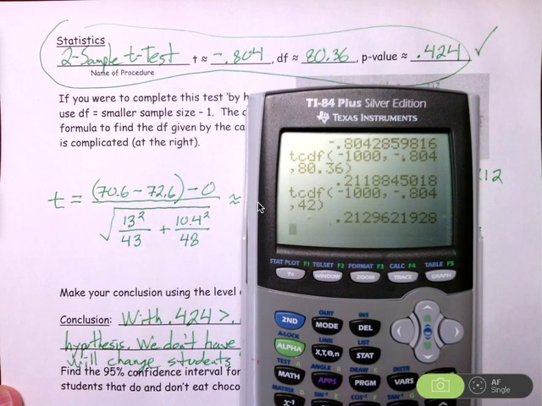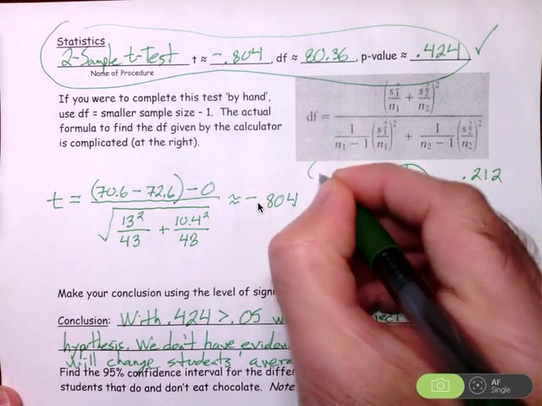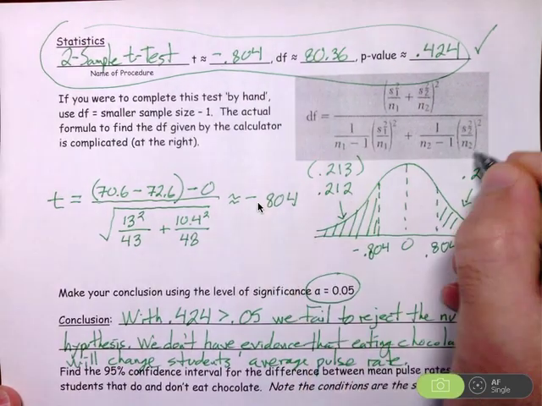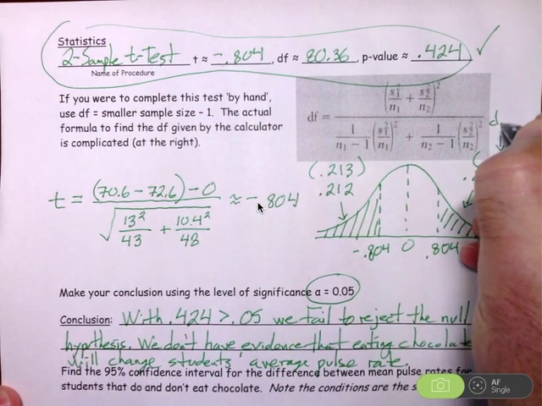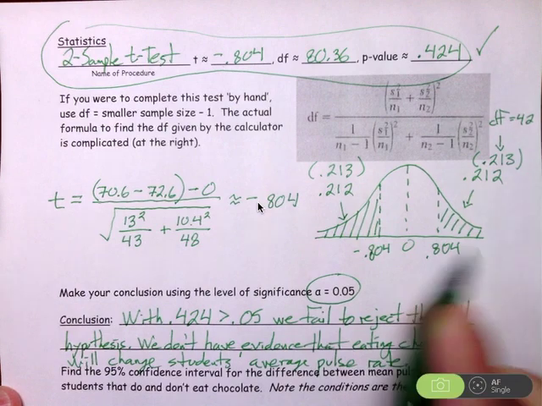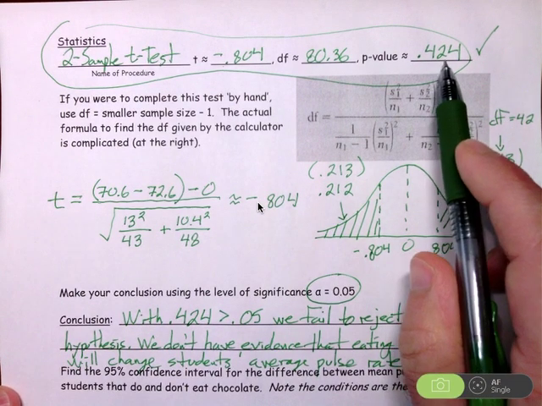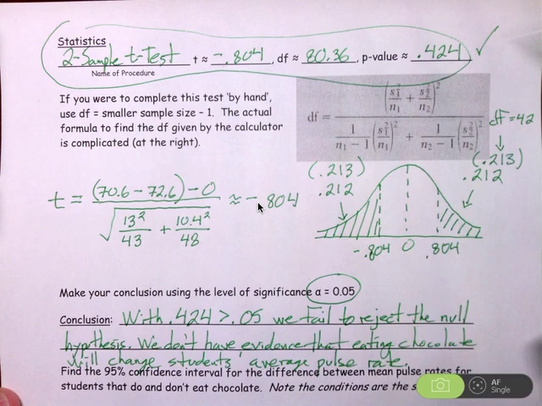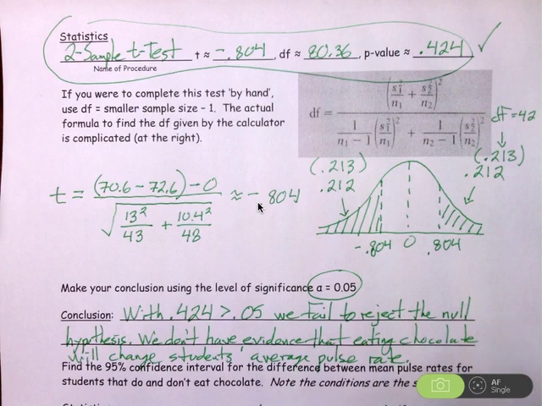In this case, it's 0.213. So if you got 0.213 on each side, again, that's using degrees of freedom of 42. If you add those together, you get 0.426. And the difference in the p-value isn't enough to make a difference when you make your conclusion, because remember, our goal is to compare to that level of significance.